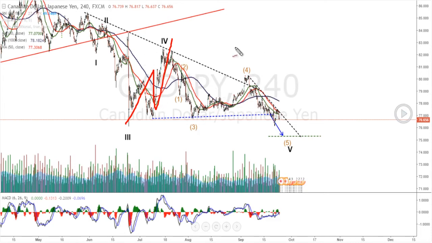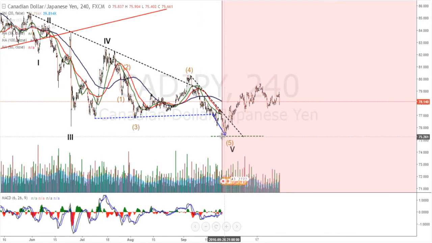This was a wrong count, but anyway, what I was looking at was down, and it went to my exit point. It was a small trade, but anyway, it was a profit trade. Small trade, still a couple of days.